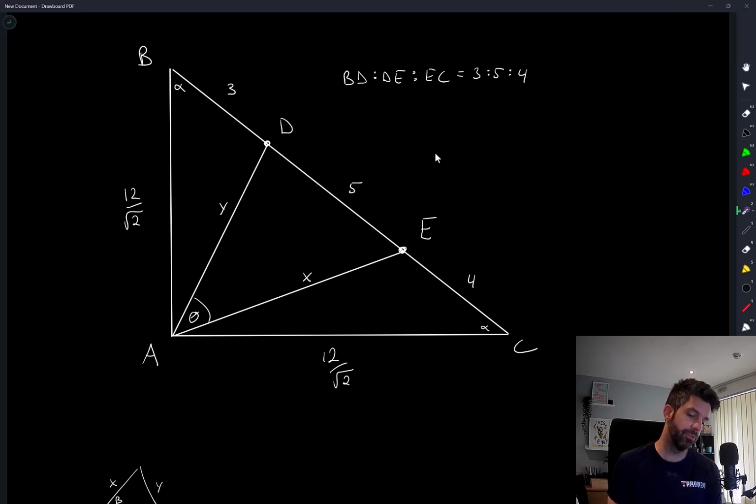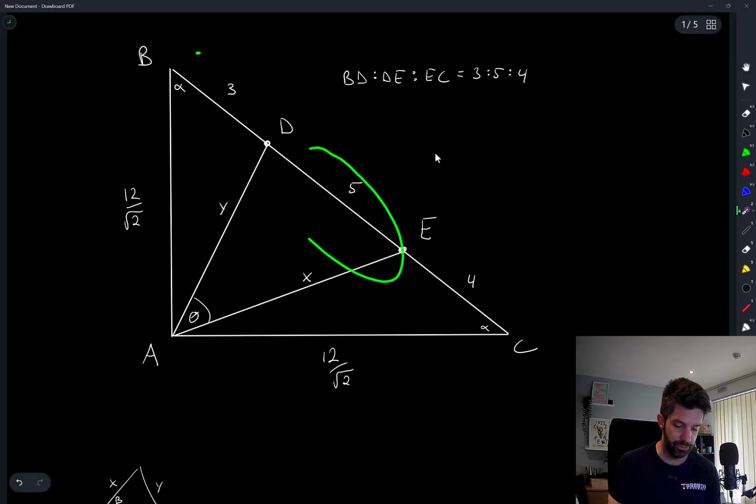It was obviously also useful to recognize that even though we were only given the ratio of these side lengths, we can just declare that that's what they are. If we said the length of this whole thing is x, or well, I've already used x, say the length of this whole thing is capital L, then this is going to be capital L times 3 over 12, capital L times 5 over 12, and capital L times 4 over 12.